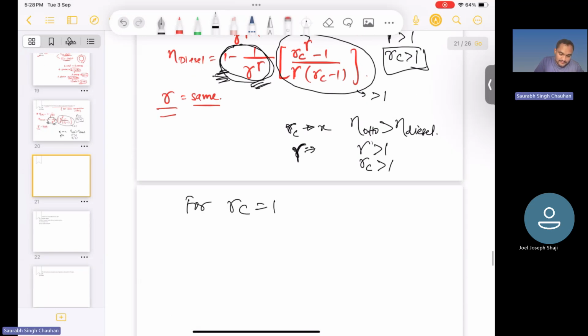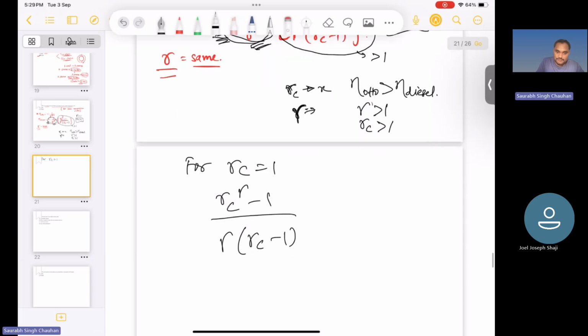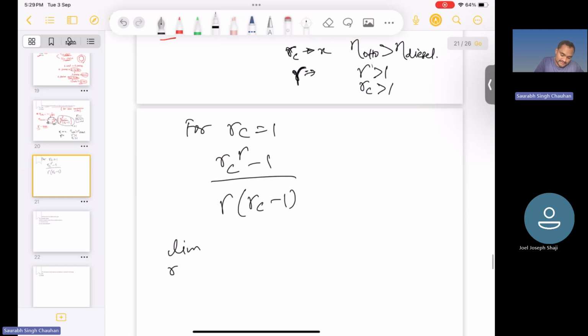We will just see the quantity in the bracket: RC to the power gamma minus 1, divided by gamma times (RC minus 1). When you put RC equal to 1, you get a 0 by 0 type of form, which is undefined, but you can find the limit. Limit RC tends to 1. Can you solve this limit?